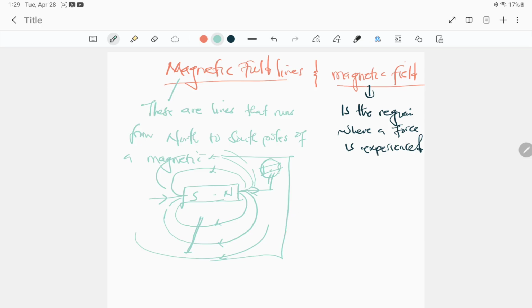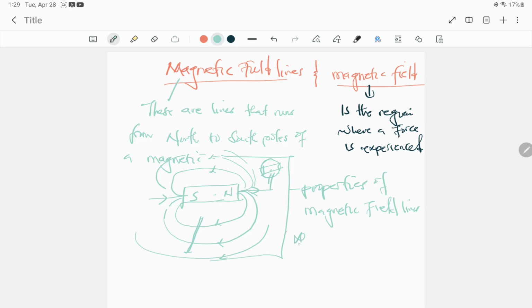Then the other aspect we can look at is the properties of magnetic field lines.